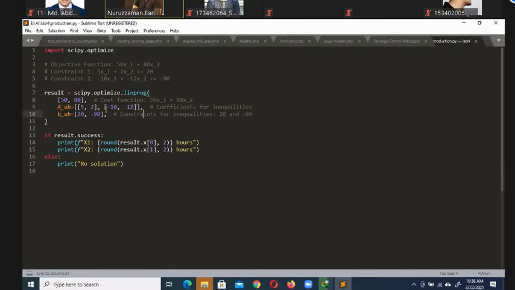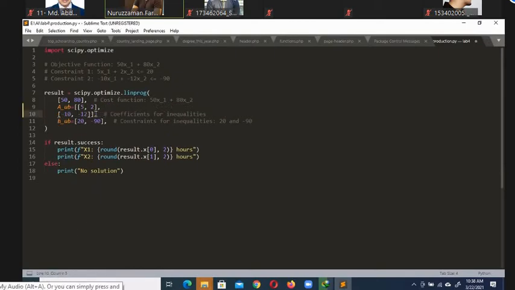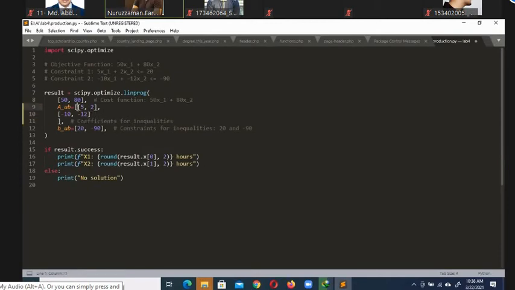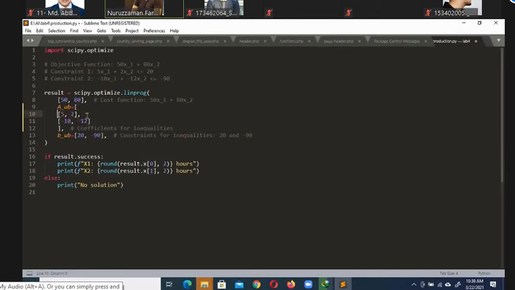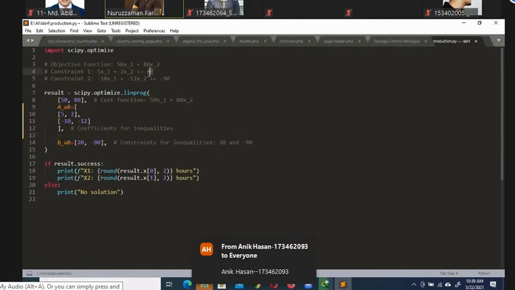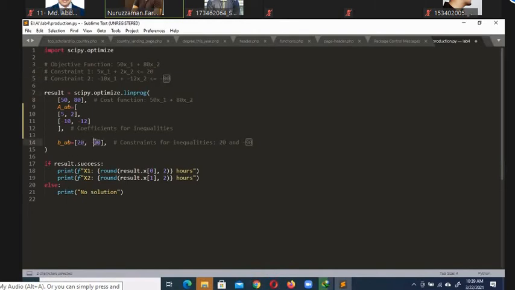So let us put it in this way. Now it is much easier to understand. List of lists, and after that we write the value on the other side of the inequality. So here 20, and here minus 90. So that's all about the complex part of optimizing this problem using linear programming.